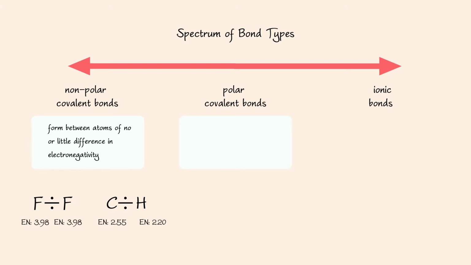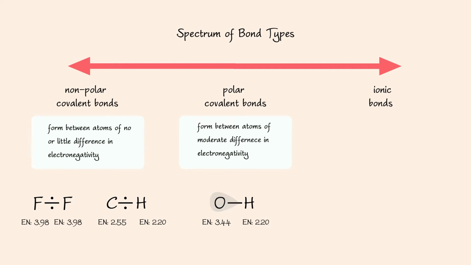Polar covalent bonds form between atoms of moderate difference in electronegativity. For example, the bond between an oxygen and a hydrogen atom. Because oxygen's electronegativity is greater than that of hydrogen, electrons will be drawn closer to the oxygen.